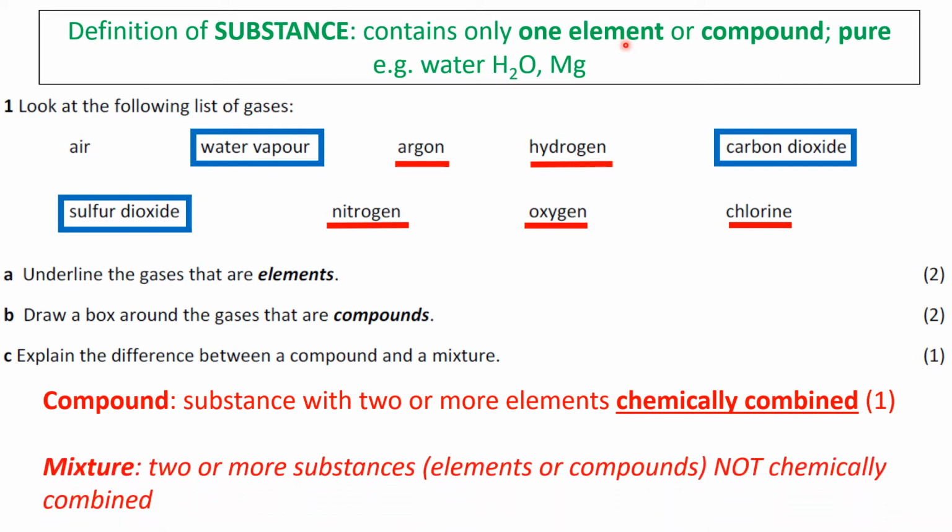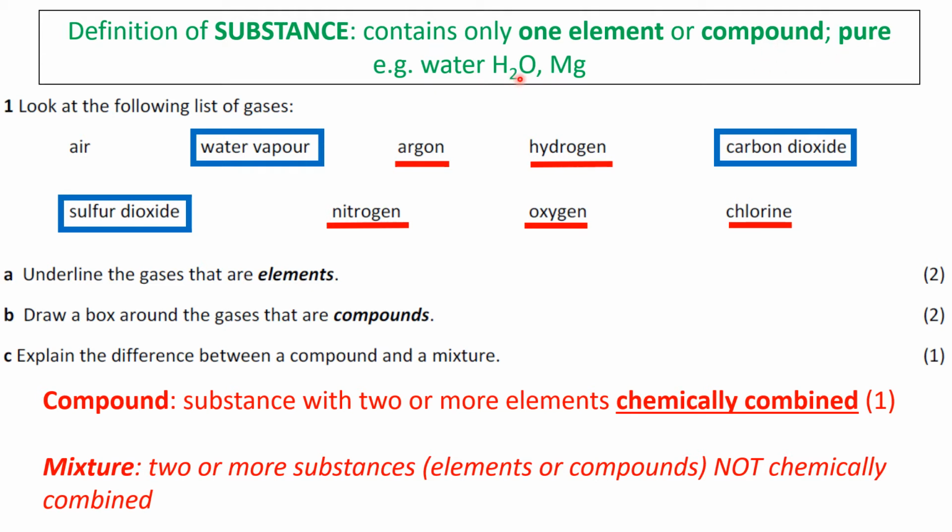I think it might be helpful to go over the definition of what a mixture is then. Even though you wouldn't get a mark for it, a mixture is two or more substances. I've put the definition of a substance above, and a substance contains only one element or compound and is pure. So a substance is an element or a compound essentially.